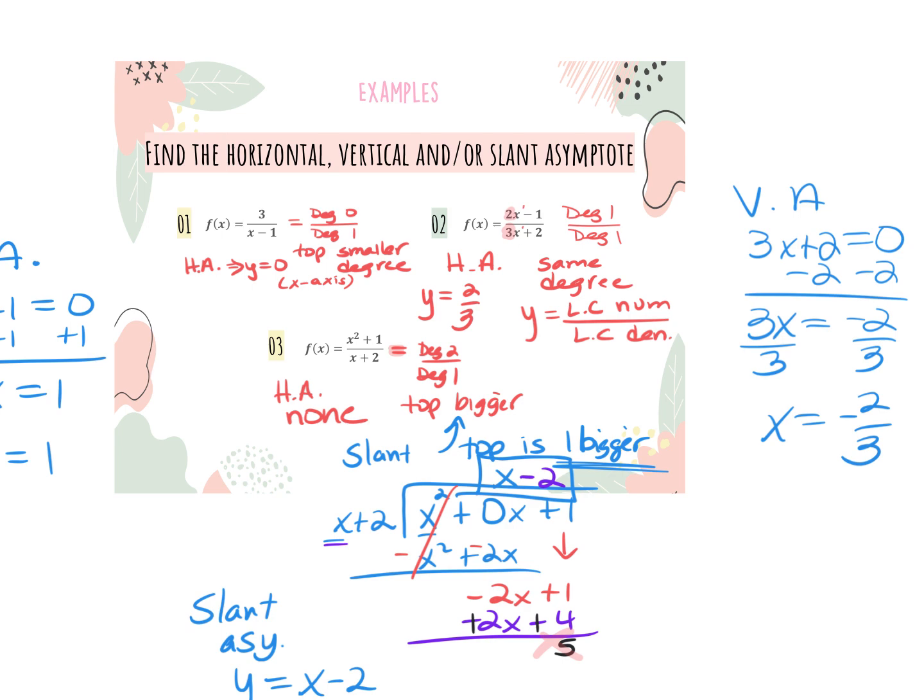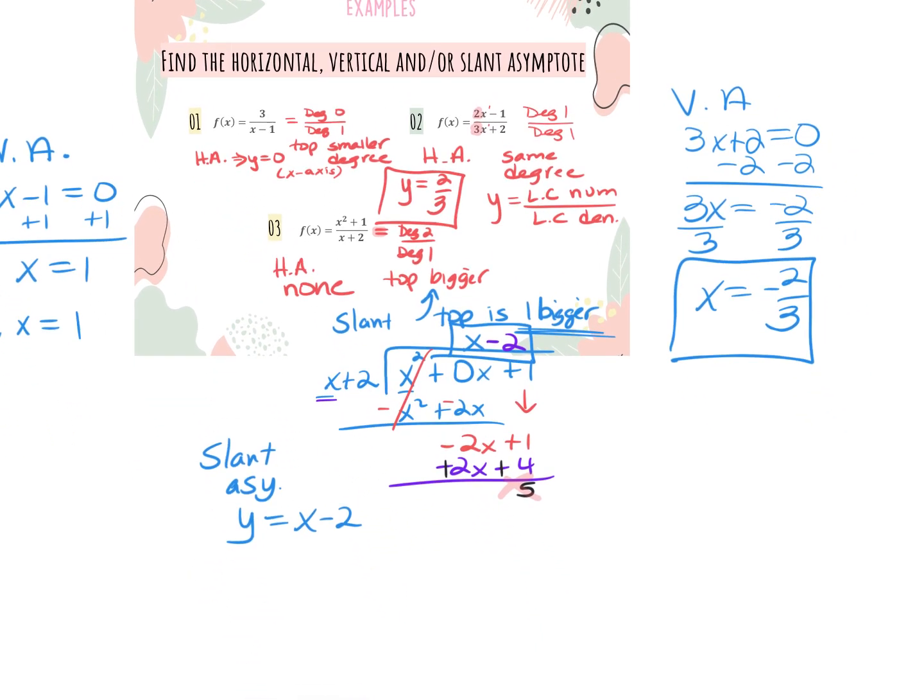So your vertical, negative 2/3. Your horizontal was y equals positive 2/3. And no slant asymptote. So you don't have to write none if it doesn't have one, only list the ones that they have. For number 3, nothing can be simplified.